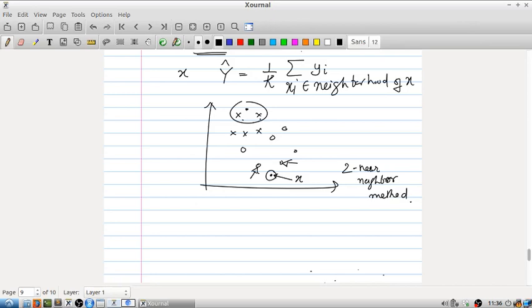How do we decide the value of k? We're going to discuss that. That's a very good question, because it's the only thing that it looks like we can control.